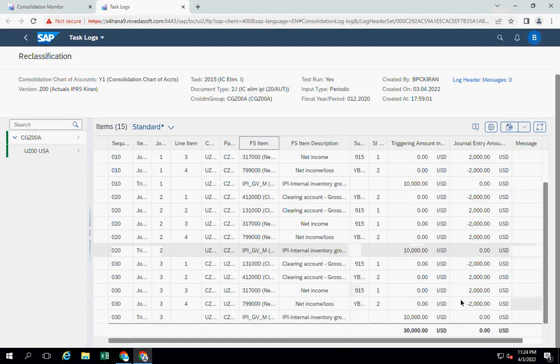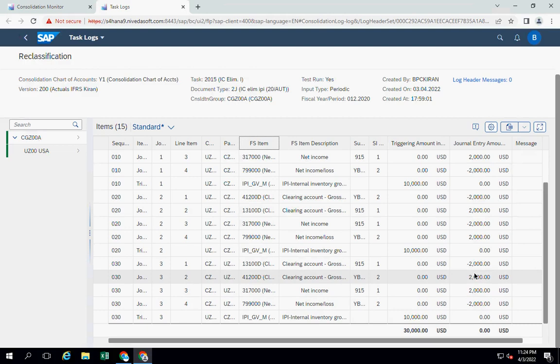From the seller, the net income is reduced by 2,000, minus 2,000 at group level, and whatever clearing accounts are there, 41200D, 131100D, the other leg will be posted from this sequence 30. This way you can eliminate profit in inventory. Any questions?